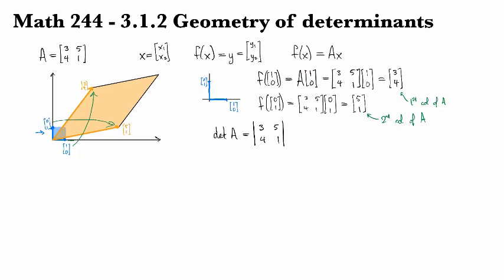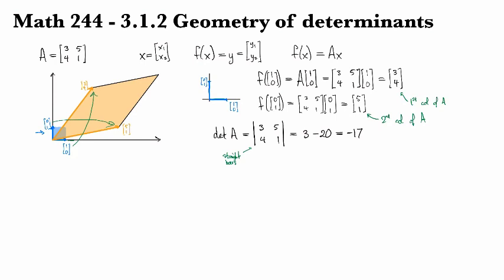Now you notice that these are straight bars. They're not brackets. And that's because we're talking about a determinant. So this is not a matrix I just drew, it's the determinant of a matrix, so it's actually just a number. And it's equal to 3 times 1 minus 4 times 5, which is minus 17.